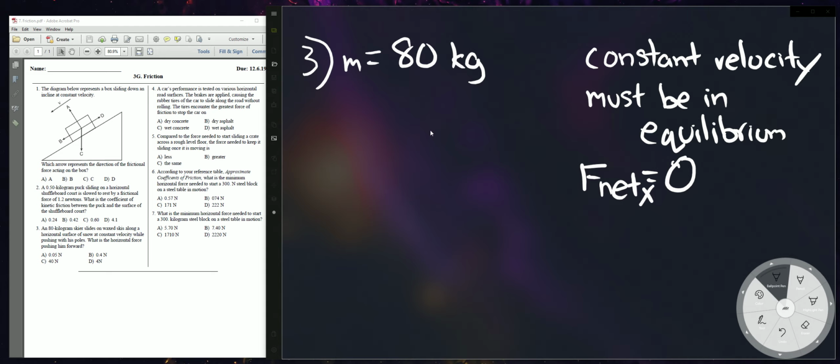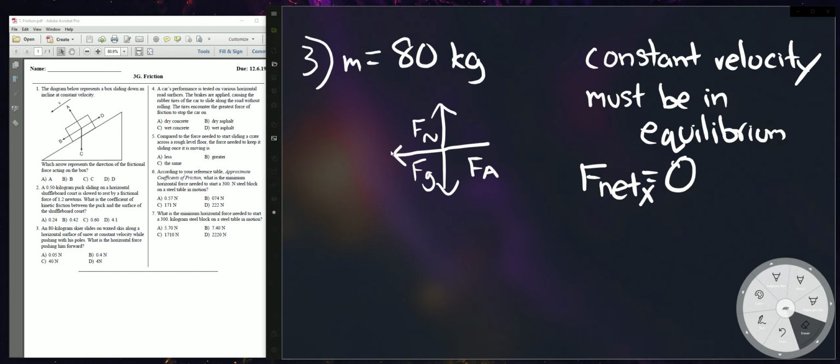Well, if we draw a free body diagram, that's the normal force, and that's the force due to gravity, and that's the force applied. Okay, and this is your force due to friction.